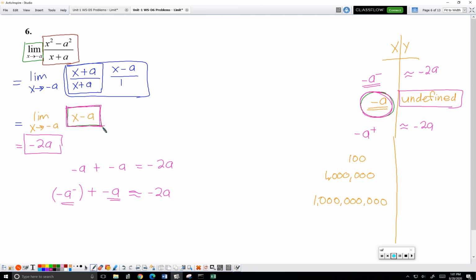So use that one. And then on the bottom, x is adding to a, and x is bigger because when x is at a million, it's bigger than a because a is constant. So you use x, and so then you're looking at x squared over x. And I think that's the one you use.